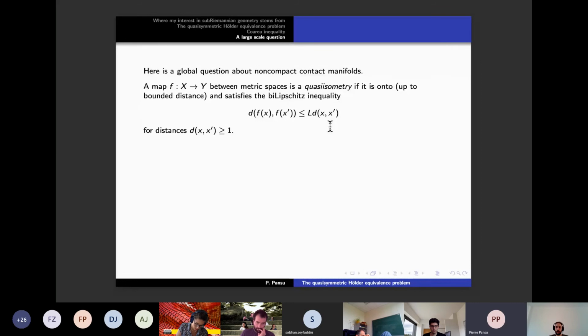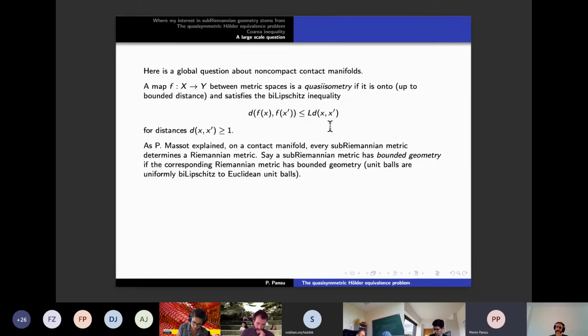In fact, the Hölder comparison at small scales suffices to imply the bi-Lipschitz inequality at large scales. That's a general principle. So now the next thing you want to do when you speak of geometry on non-compact manifold is put a constraint on the local geometry called bounded geometry.